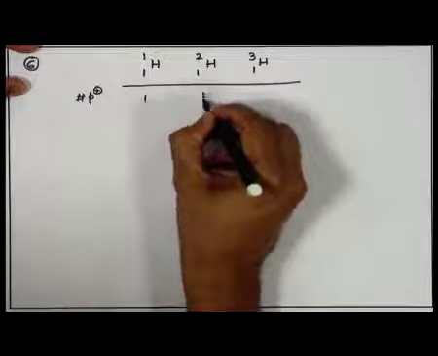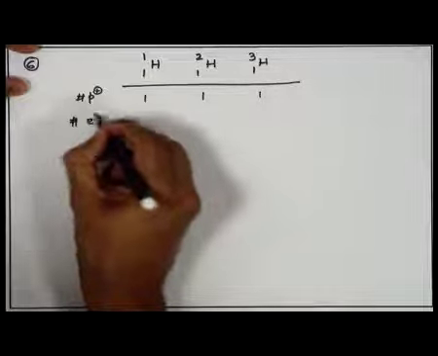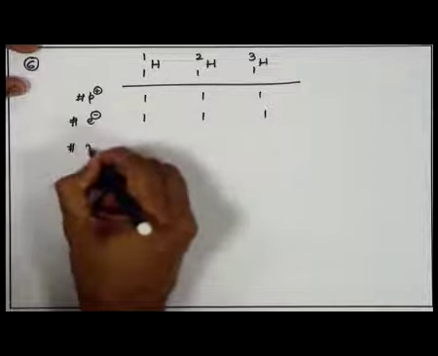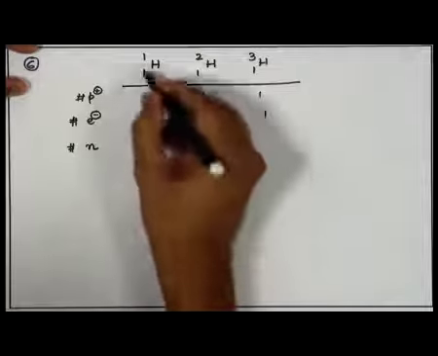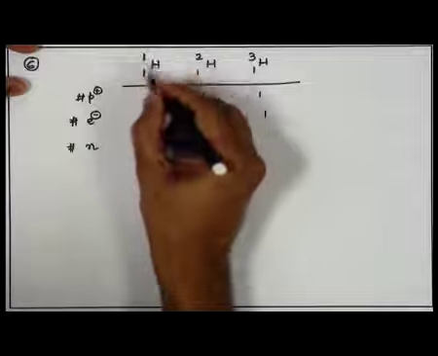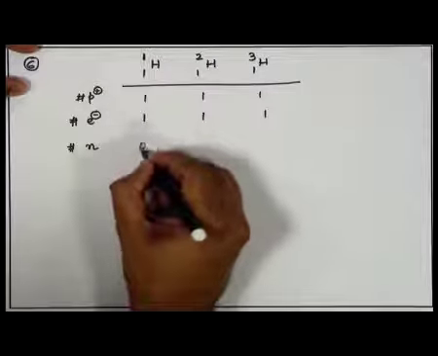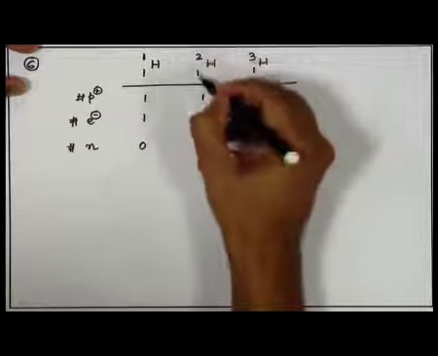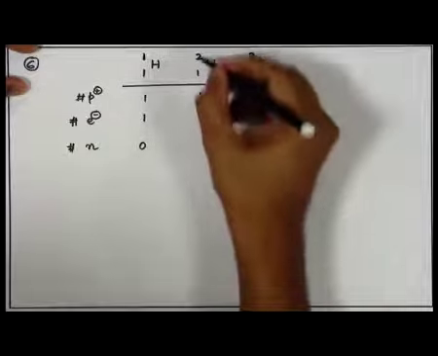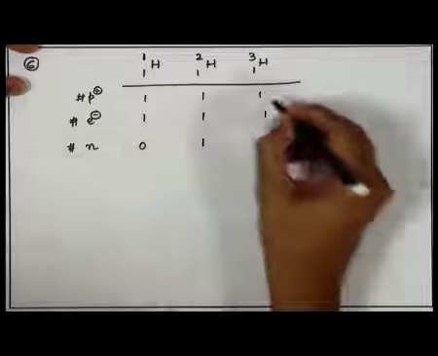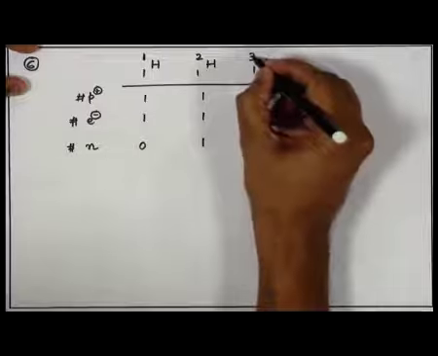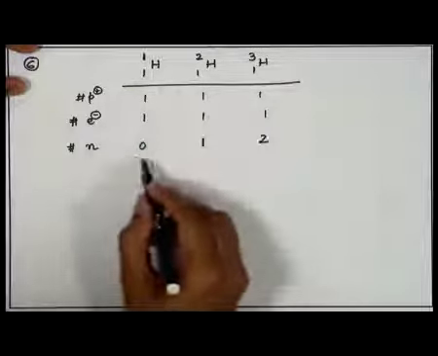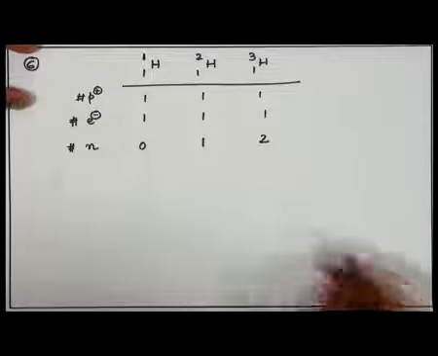The number of protons is all 1, the number of electrons, since they are neutral, is all 1. For neutrons, in this case the mass number is 1, the atomic number is 1. So, the number of neutrons is 0, there is no neutron. In this case, the mass number is 2, the atomic number is 1. So, the number of neutrons is 2 minus 1, which is 1, and in this case the number of neutrons is 3 minus 1, which is 2. So, we see that these 3 species have different numbers of neutrons.